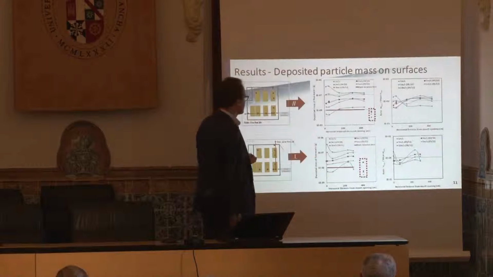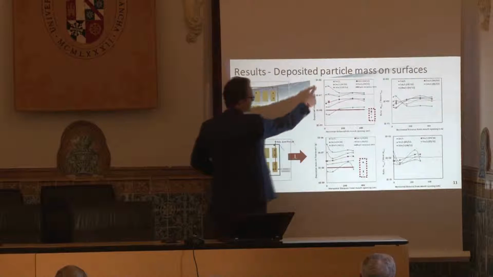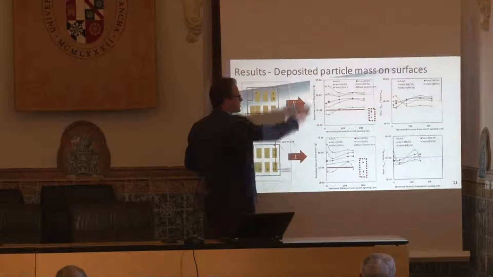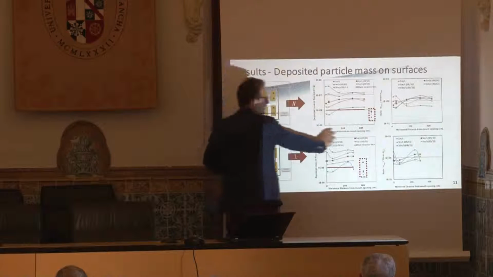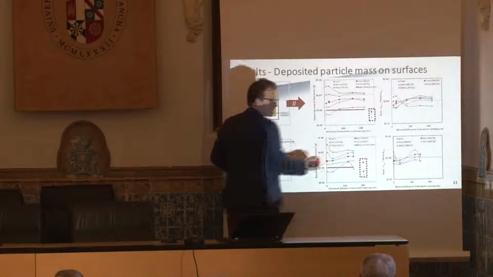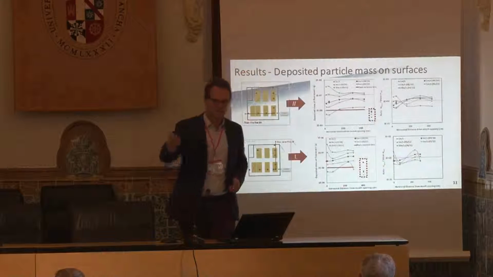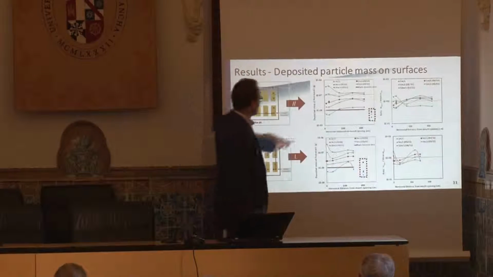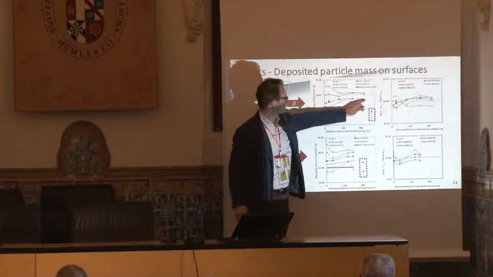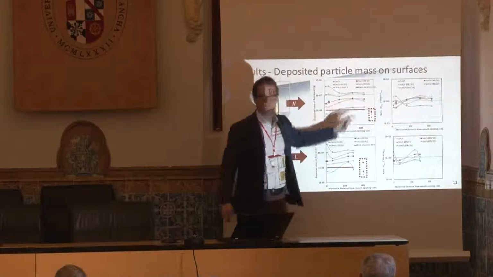I will just give a short comment, but it's more or less the same. It means that we did not see a really significant difference along an axis. This is the deposited mass of tracer as a function of horizontal distance from the mouth, which means that from 0 to 4 meters, there's no significant difference.